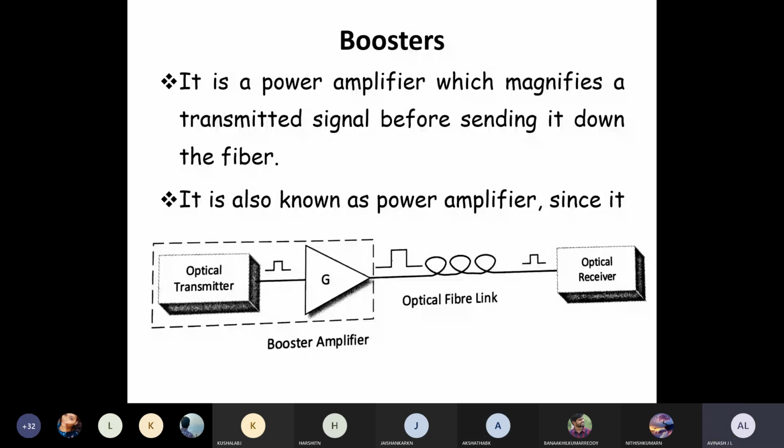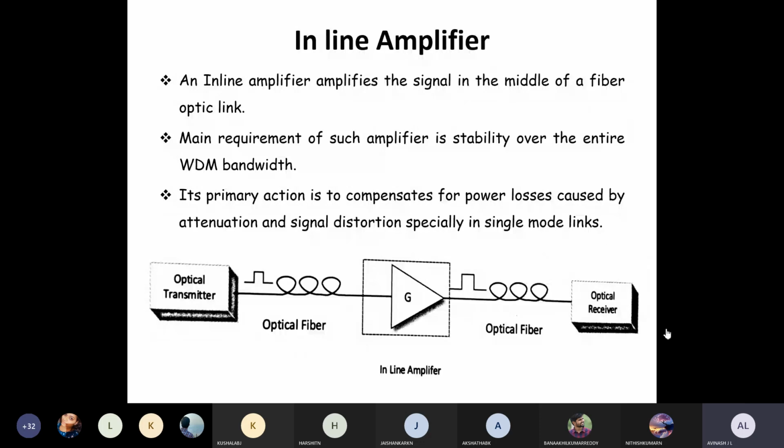Here the main requirement of the inline amplifier is stability over the entire WDM bandwidth. That is a very, very important thing. The primary action is to compensate for the power losses caused by attenuation and signal distortion, especially in single mode links.